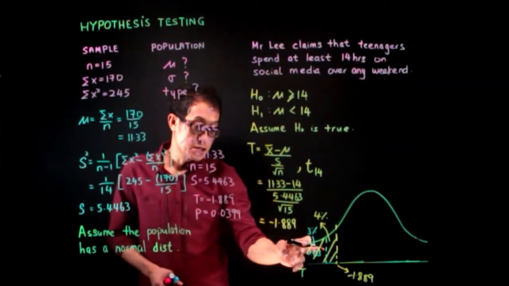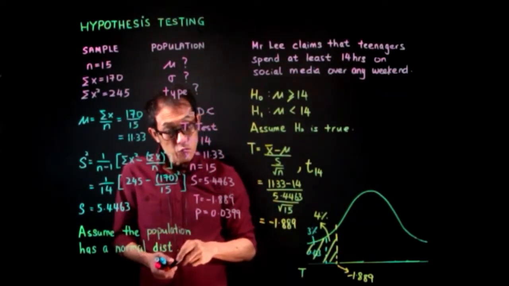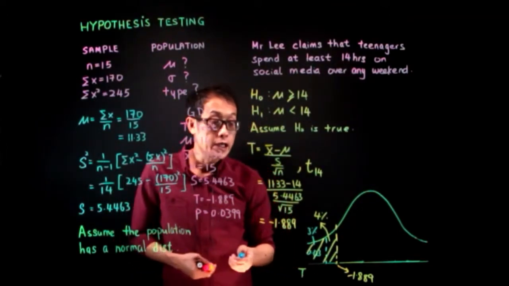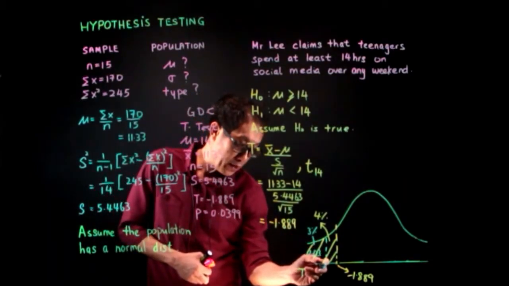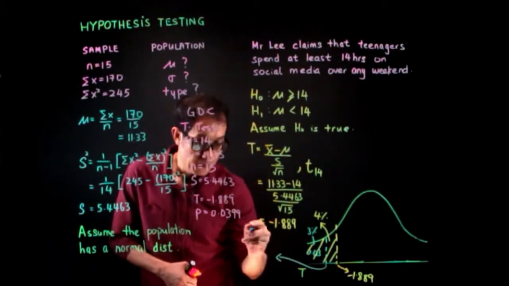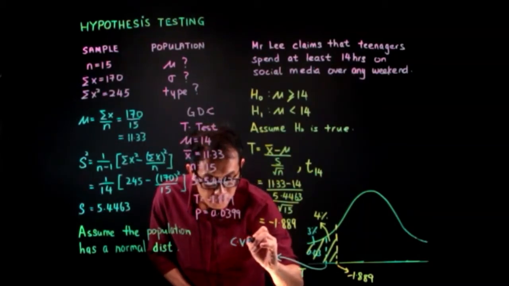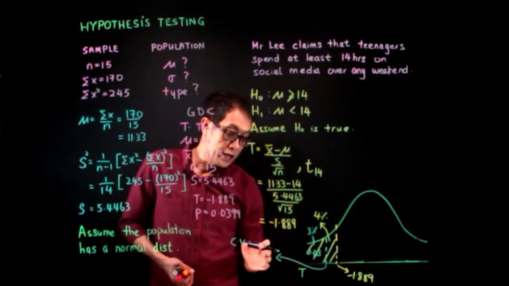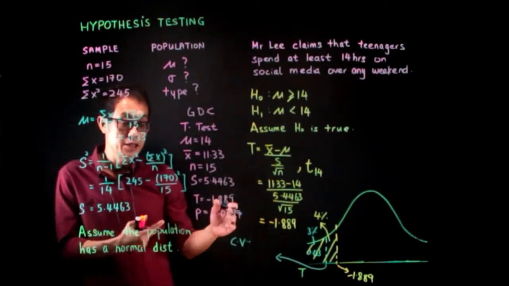Now this is a significance level, this blue dotted line here. Then what corresponds to the blue dotted line? That one is your critical value. Now how are you going to find the critical value? You can find it using your inverse t distribution.